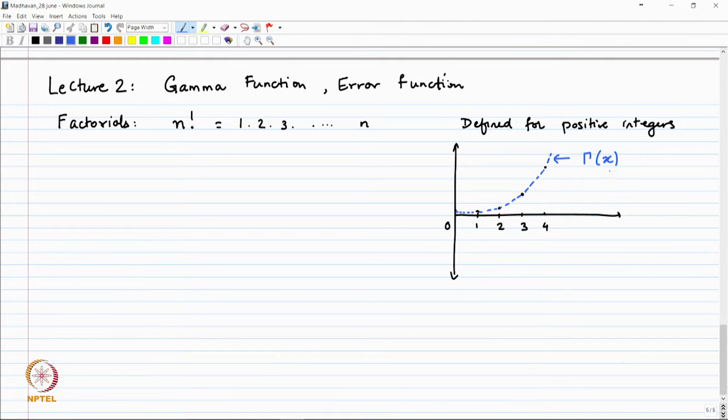So the gamma function of x is the smooth version of the factorial. The factorial is defined only for positive integers. Now, if you have a smooth function whose value at the integers is equal to that of the factorial, that is the gamma function. So now let us write the definition of the gamma function.